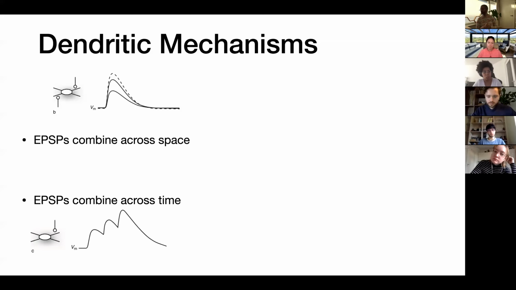And these will combine across time. So if enough incoming signals arrive in a very brief period of time, the membrane potential changes will combine, accumulate, and then maybe lead to the firing of an action potential.